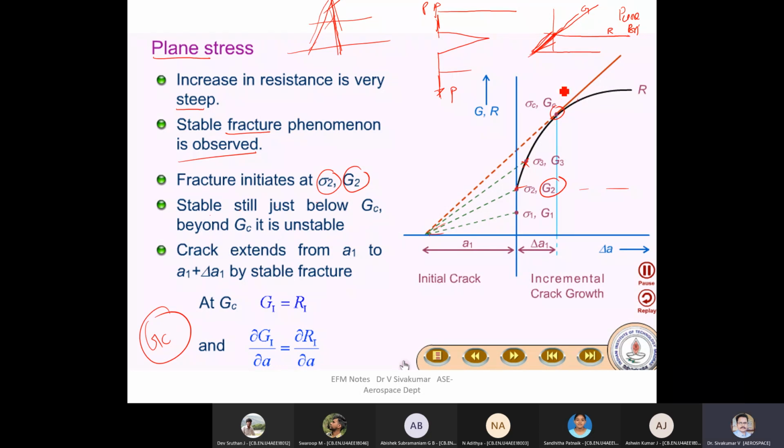Beyond GC, it is unstable. All of this is called stable fracture behavior. After that, it is unstable. So the crack extends from A1 to A1 plus delta A1, and then only the condition is fulfilled.